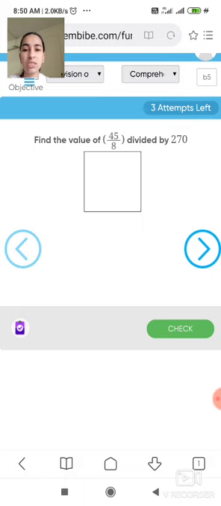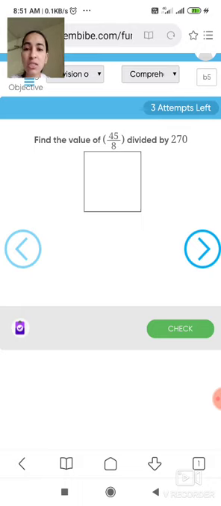The next is find the value of 45 upon 8 divided by 270. Now in that question 45 upon 8, division sign is there, and after the division sign 270 is there. Then what is the step? 45 upon 8 as it is. Then instead of division we are going to take which sign? We are taking multiplication, and after that we take the reciprocal of the second fraction.